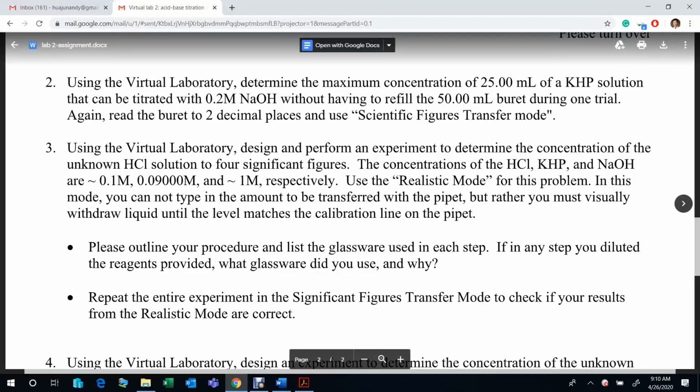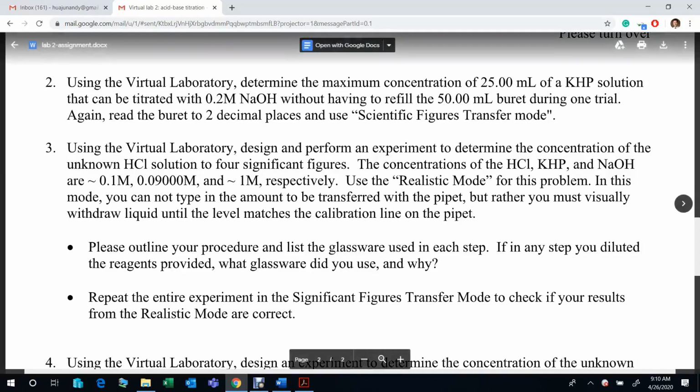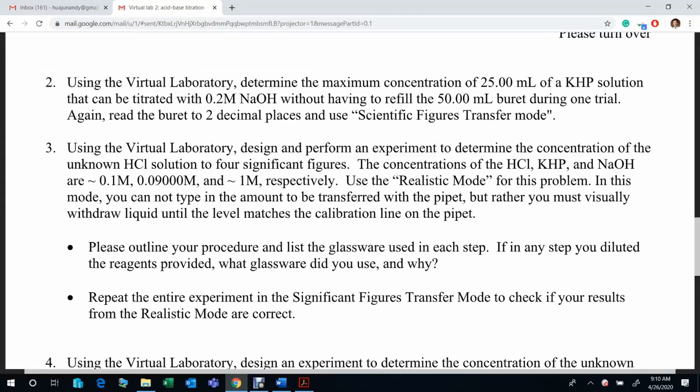In this case, we only know the exact concentration of KHP, and we don't know the exact concentration of sodium hydroxide and the exact solution of hydrogen chloride. If we use this overnight version, then we don't need to worry about the realistic mode for this problem.